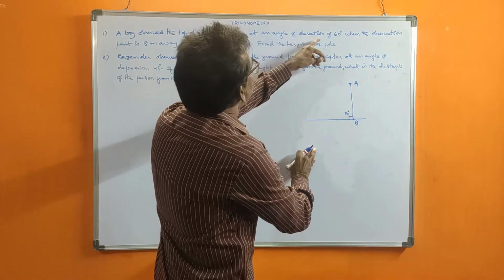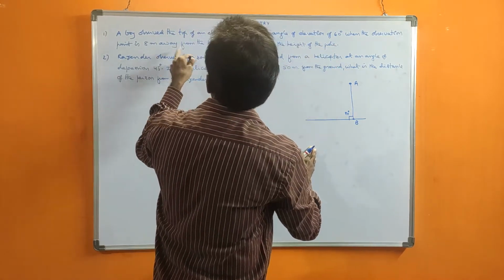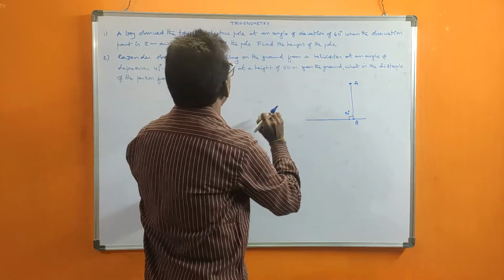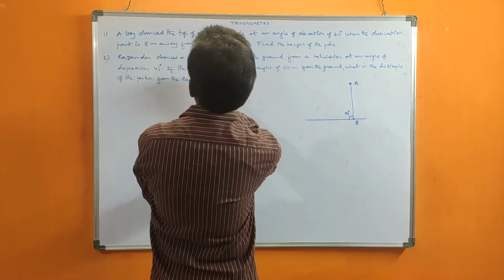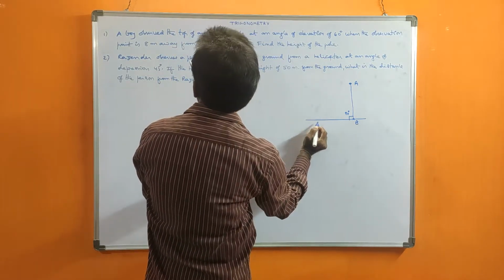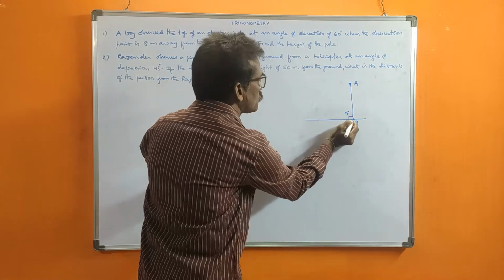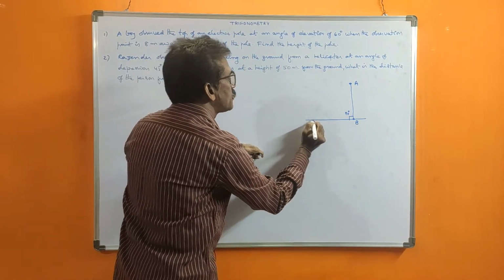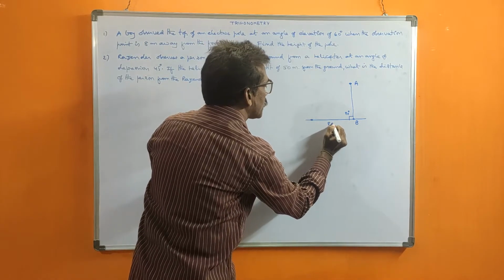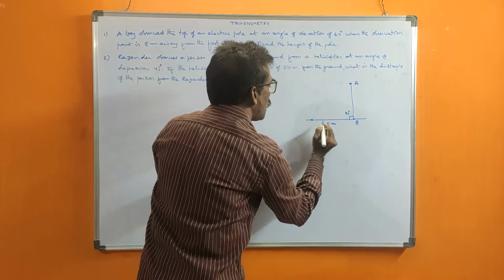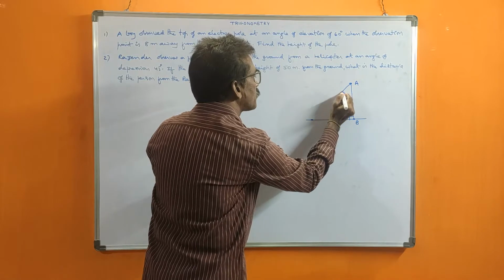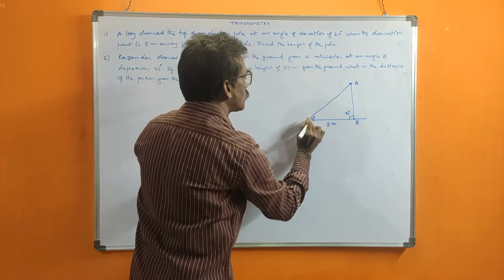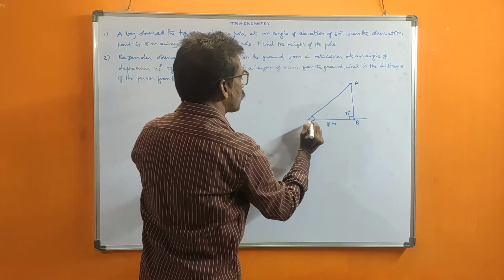At an angle of 60 degrees, see, from where he is observing, that is important. The observation point is 8 meters away from the foot of the pole. From this foot of the pole, 8 meters distance he came, and from here he observed.